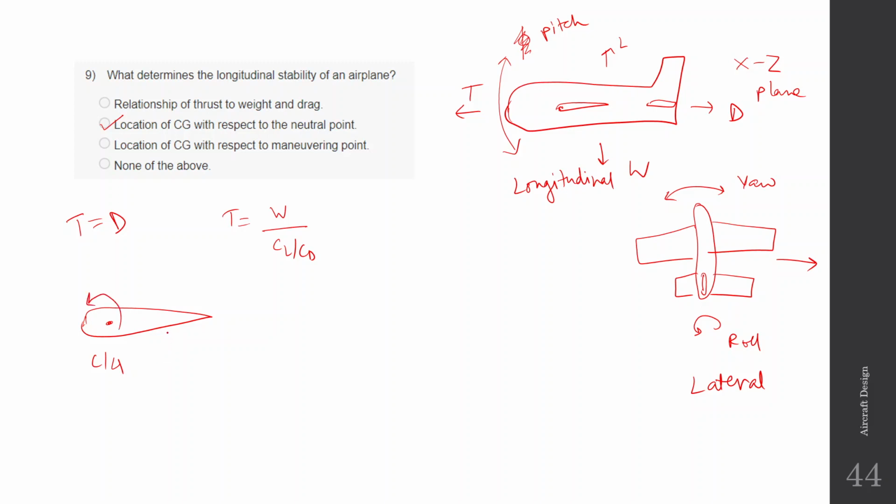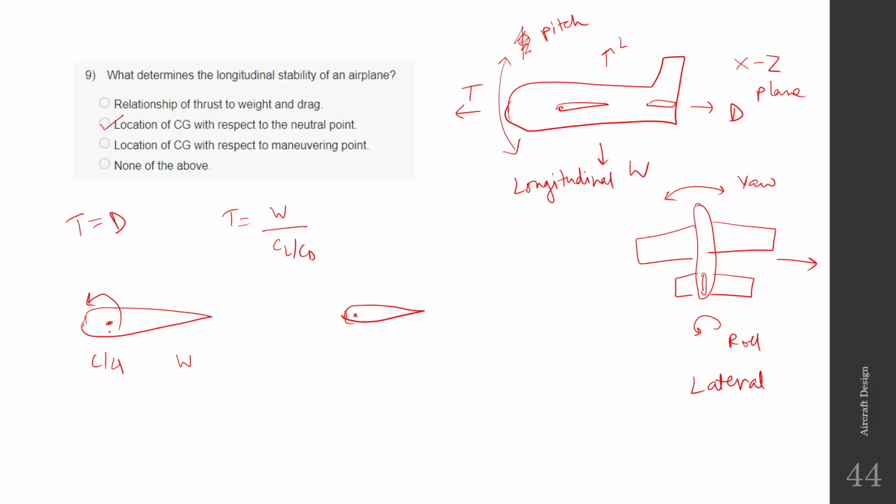the moment is measured. Now when you have a wing and a tail, the neutral point is kind of like the average of all of these lifting surfaces. Instead of a wing and a tail, you can also have a wing and a canard, or a canard, a wing and a tail, three of them.